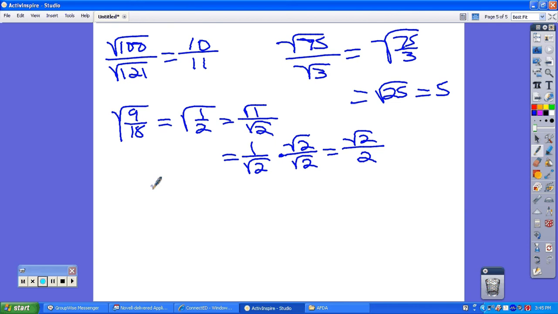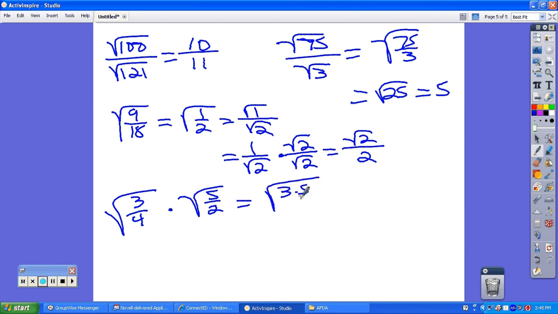Another one that I kind of like is what happens when they're separate. So we have square root of 3/4 times square root of 5/2. I can do 3 times 5 over 4 times 2. So I can do square root of 15 over 8.